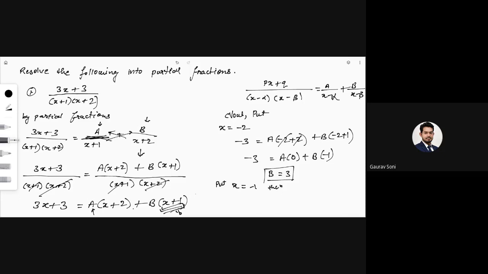Is it clear now? Yes, sir. So if we put x equal to -1, then we will have 3 into -1 plus 3 equal to a into -1 plus 2 plus b into 0. So b gets eliminated in this case, and the value of a I will get.